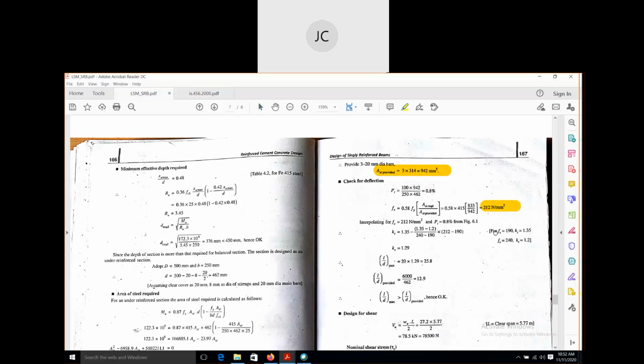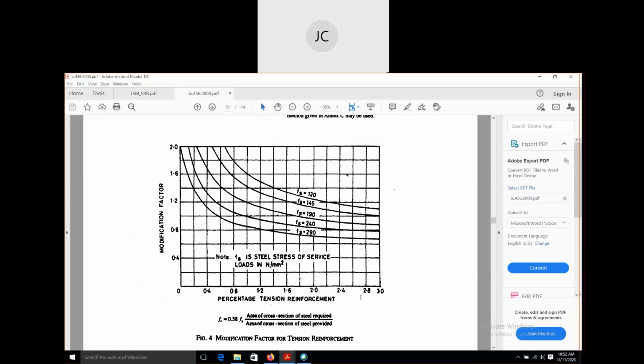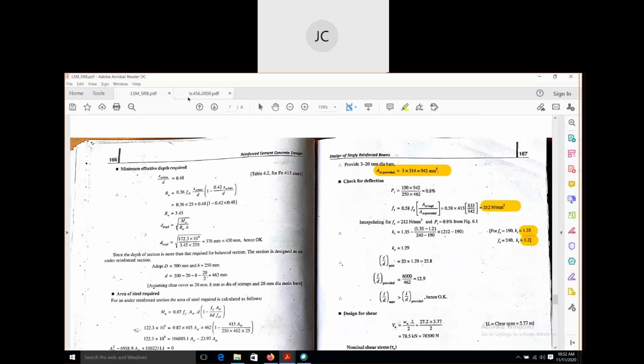Okay, so now for Fs equal to 190, Kt equal to 1.35. Do you know how we have got this value 1.35 and 1.2? You see the graph. These values are from the graph. For 190, it is 1.35.